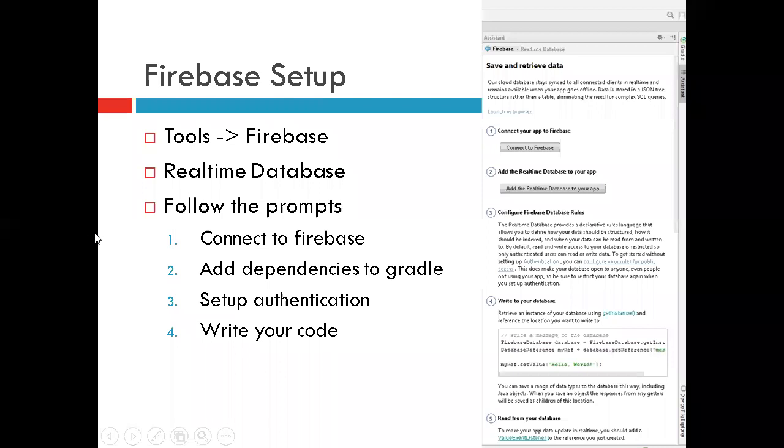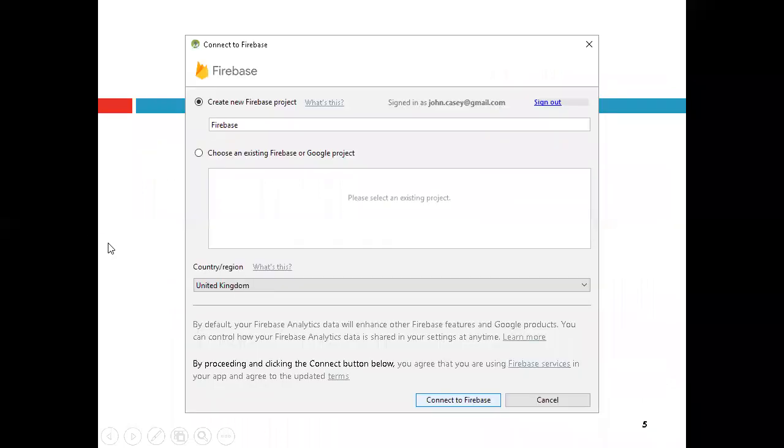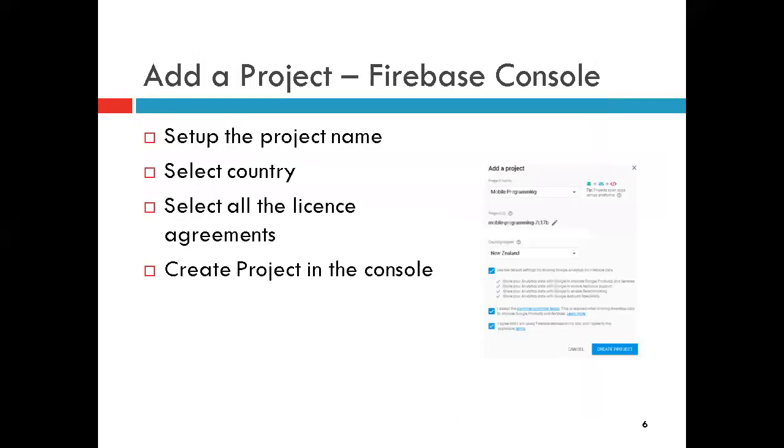So we've talked about Firebase setup. You definitely want to create a new Firebase project. That's the part I skipped because I've already done that. You can just give it a name of your choosing. And this is just some extra information about the Firebase console and setting everything up.